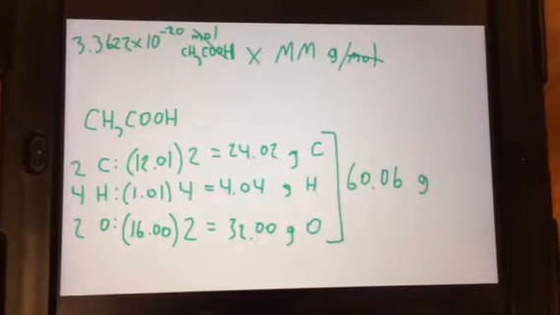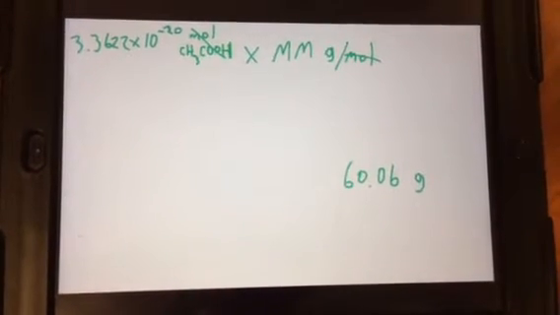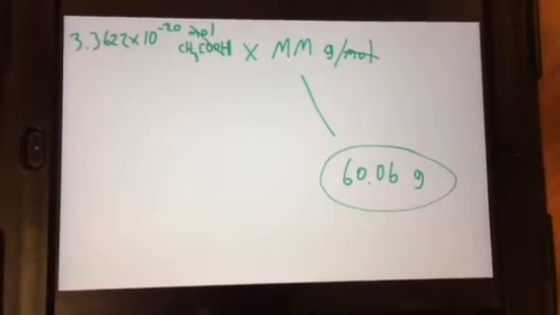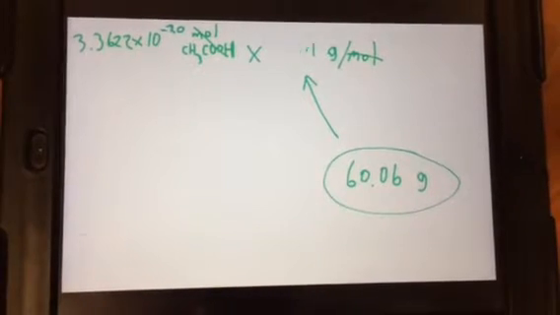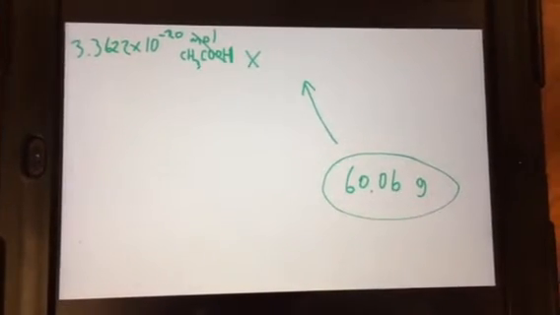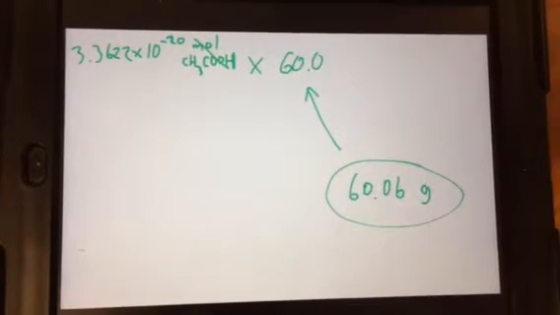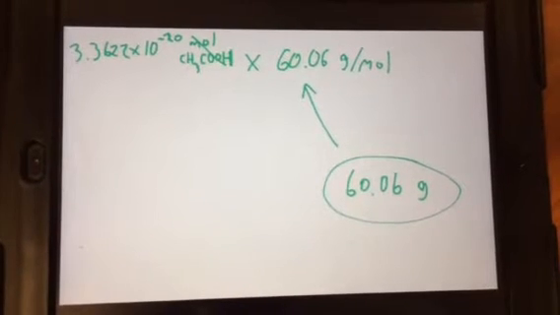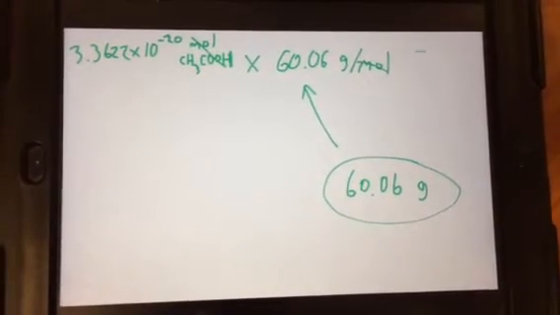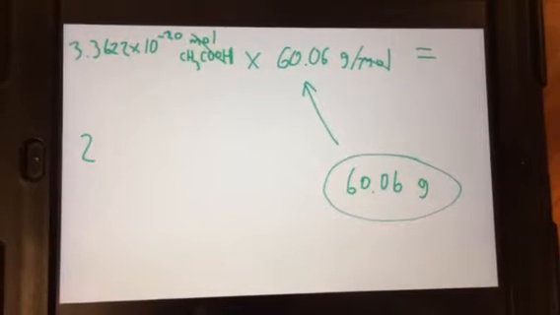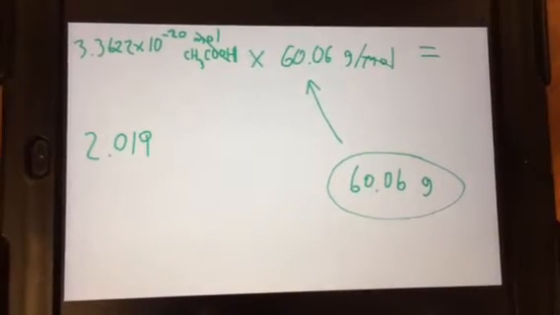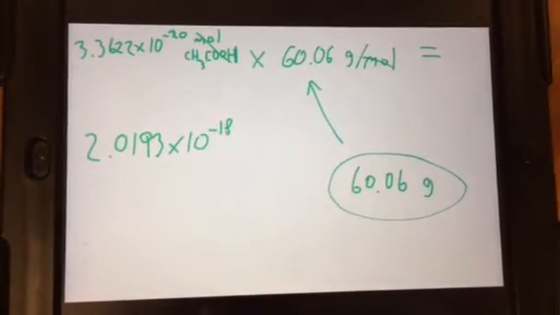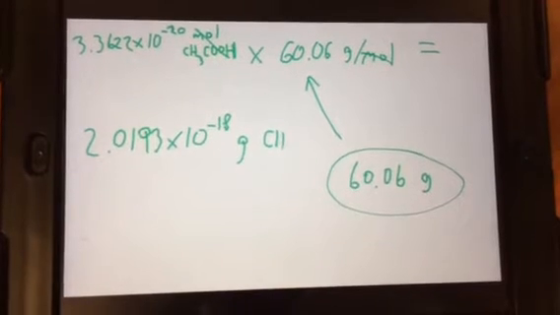So now we can clear this, and then we can plug this number into our equation up here. So 60.06 grams per mole, and then you multiply them, which gives you the product of 2.0193 times 10 to the negative 18th grams of acetic acid.